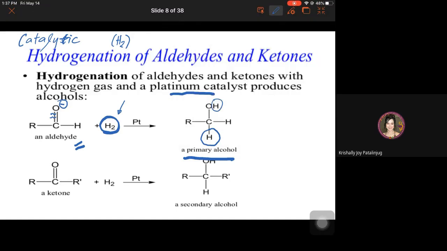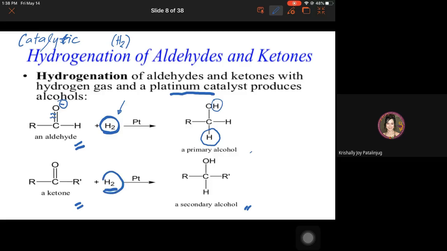So again, aldehyde, upon hydrogenation, the major product is a primary alcohol. Ketone, upon catalytic hydrogenation, the final product is a secondary alcohol. The mechanism is just the mechanism of the nucleophilic addition reaction.